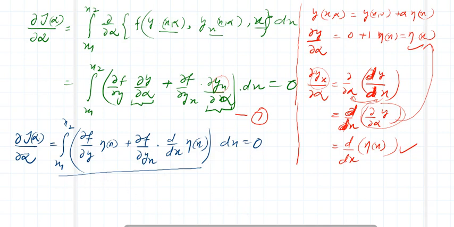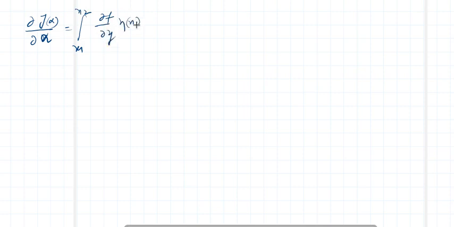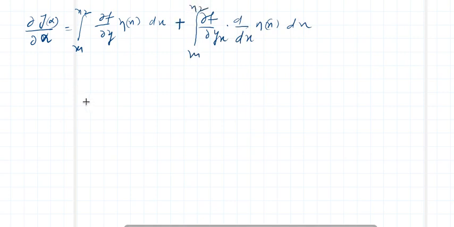For that, let us proceed as follows. ∂J/∂α must be equal to the integral from x1 to x2 of ∂f/∂y η(x), I just opened the integral, plus ∂f/∂y' times d/dx of η(x), dx. It is the integral from x1 to x2.